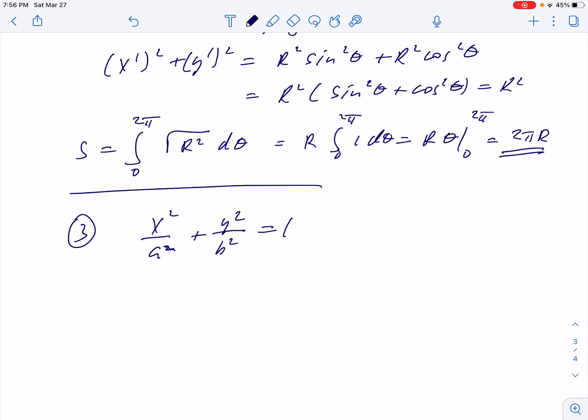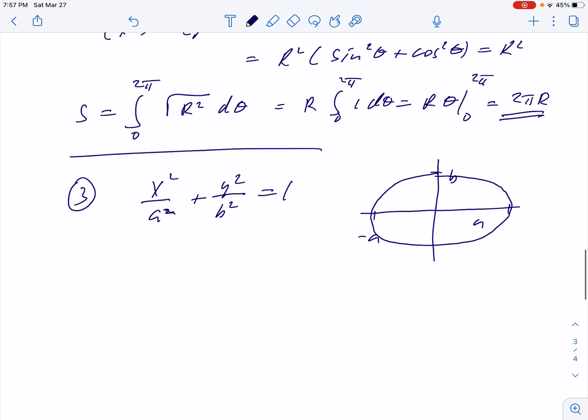One axis is a, another axis is b. So it looks like that. Here is a, here is b. On the other side, negative a. We have such an ellipse, more or less like that.